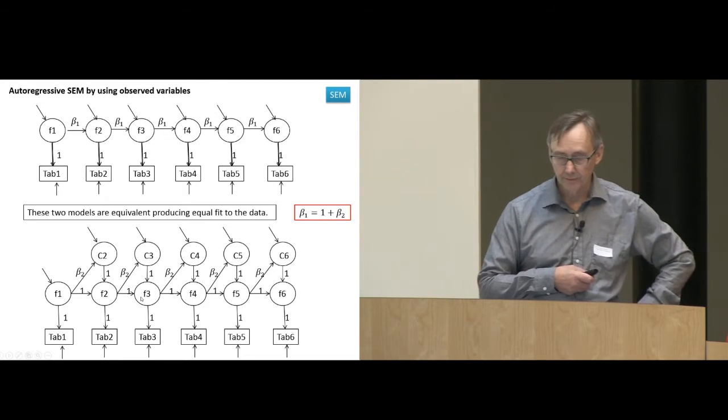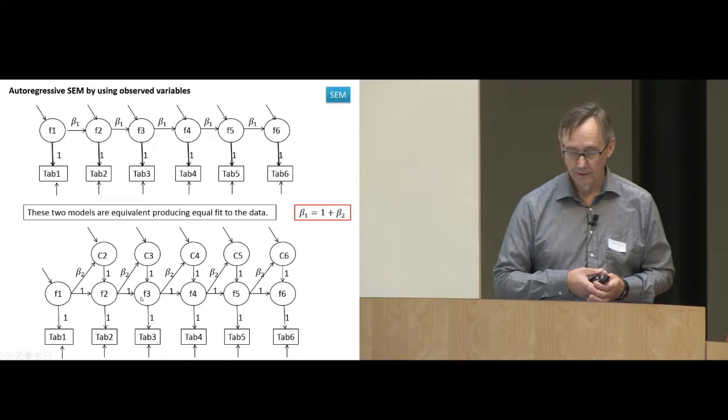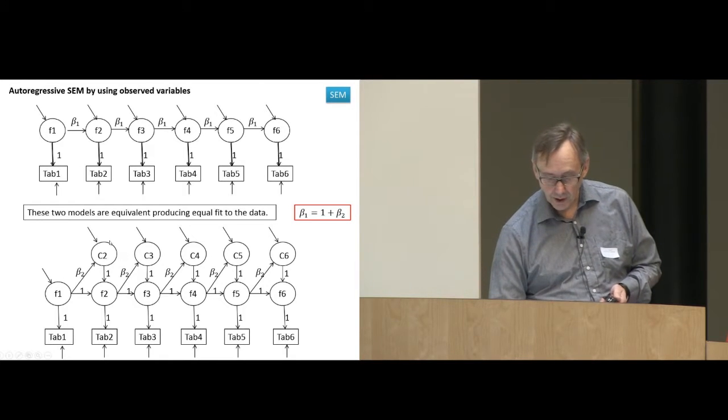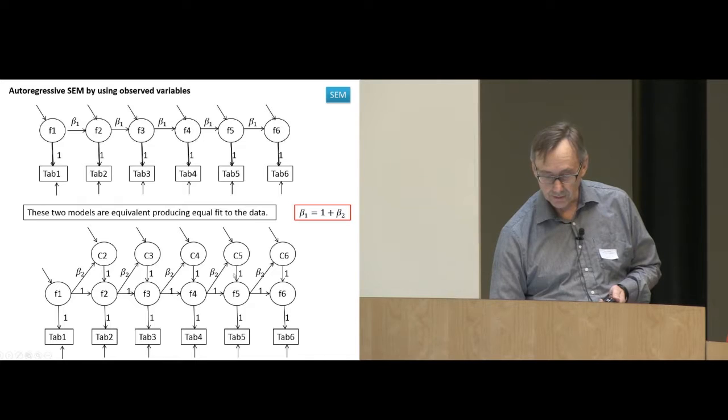You can define the model differently. If you are interested to see the exact change score, you can define the model in that way, and I have told that these two models are equivalent.